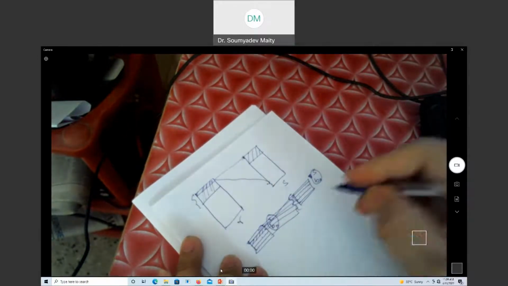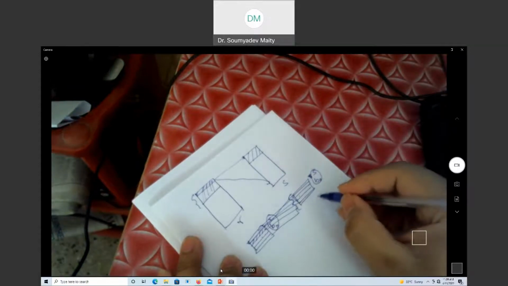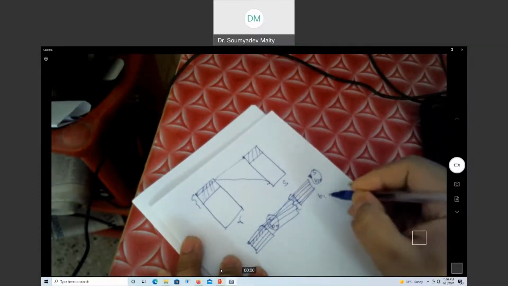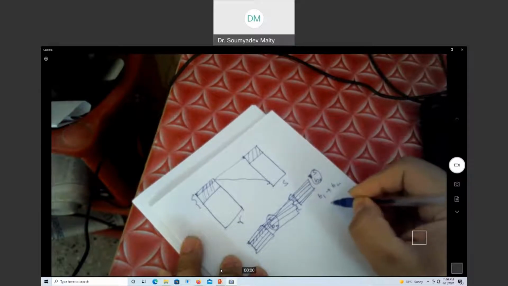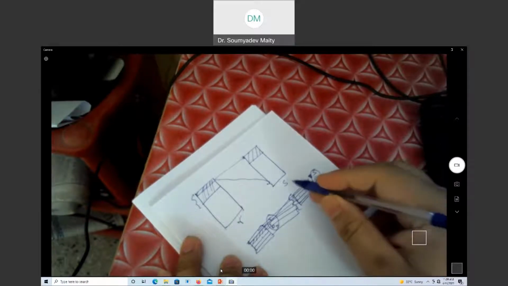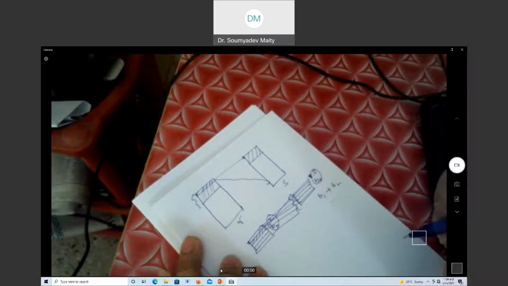In the second iteration, this block will be replaced by B1, and then by B2, up to the end of file S. So this is the algorithm.